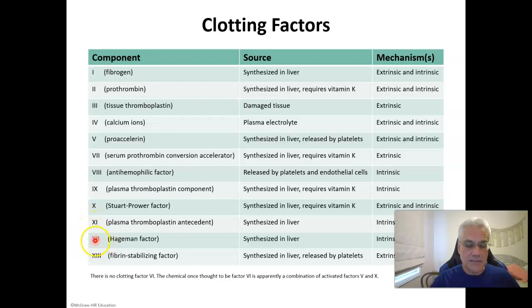Hageman factor gets the intrinsic pathway going, and then factor 13 is fibrin stabilizing. That's just the part that pulls that mesh together. So factor 1, factor 2, factor 3, factor 10, factor 12, and factor 13. Those are the ones that I really want you to understand and know their role in this.